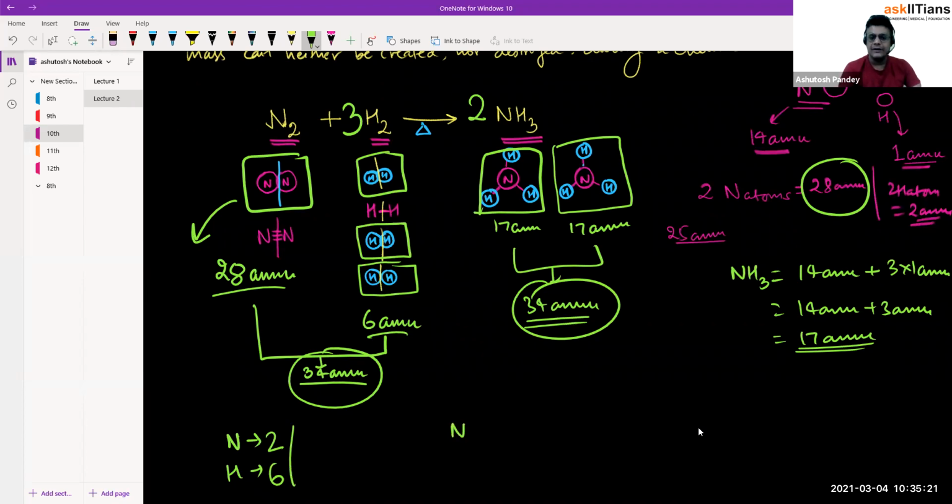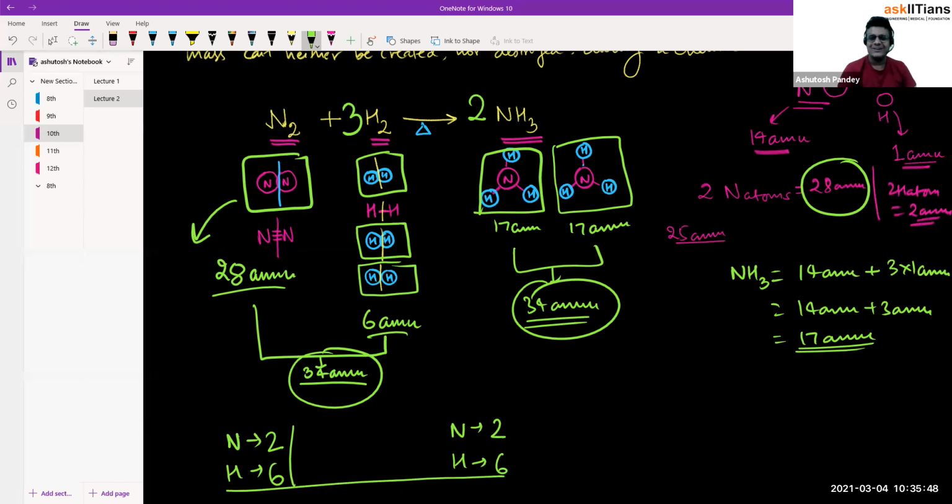So we have N. How many N? 1 N atom per molecule, and we have 2 molecules, so 2 N atoms are present. And for H, 3 H atoms per molecule, and we have 2 molecules, so 6 H atoms. So like this, we can say that balancing is easy.